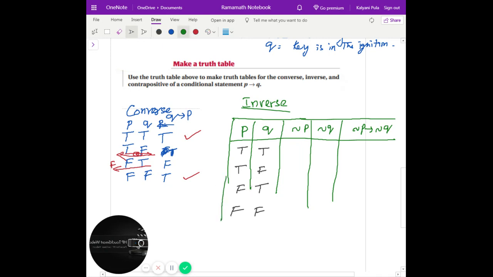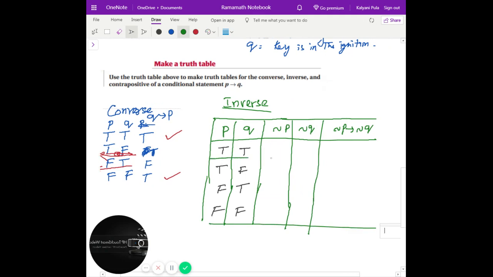Okay, so if the car is not running, then the ignition is not in. Let's check it out. So the first one's true. All right, let's check it quickly. Before we move on to the next step, first find out the negation of P. Negation of P means if this is true, this is going to be false. If this is going to be true, this is going to be false.